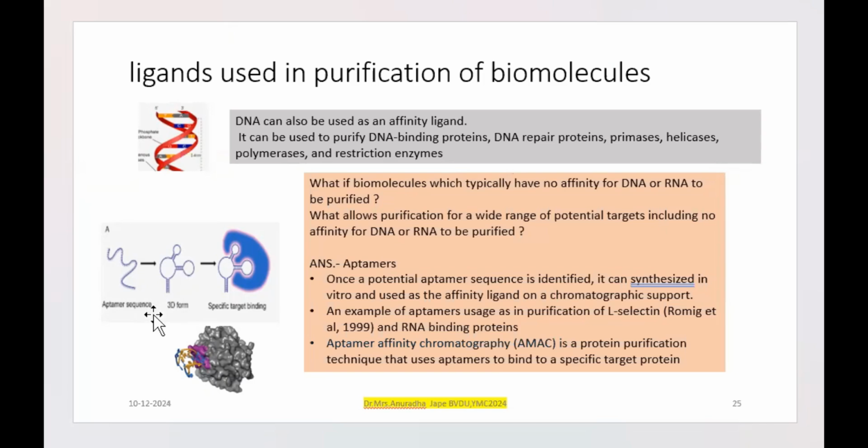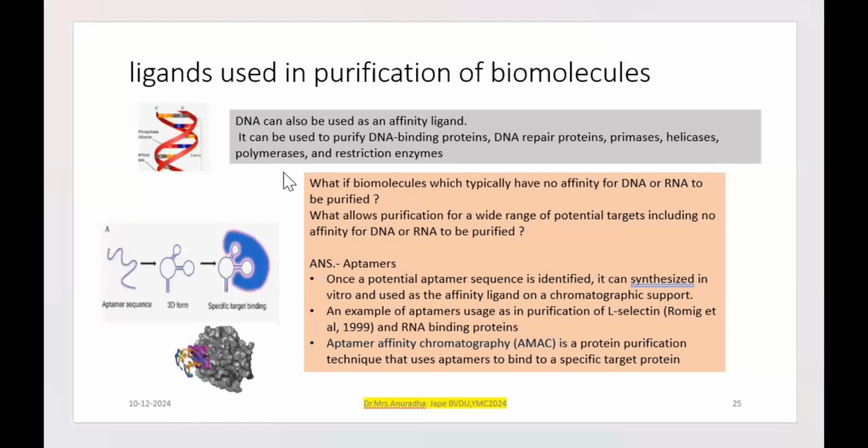Now, when we talk about aptamers, they have this capacity to be used in affinity chromatography. Why do we need it if DNA is playing its role? Of course, there are certain proteins which cannot have sites for binding with DNA, or no interaction with DNA and RNA. Then what can we do? We can use aptamers.